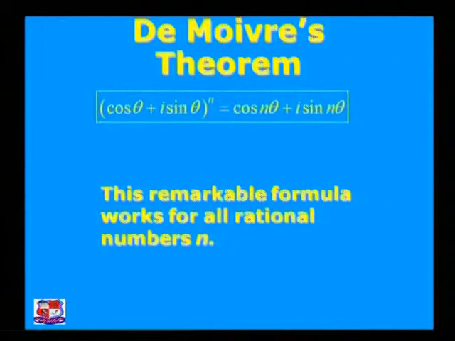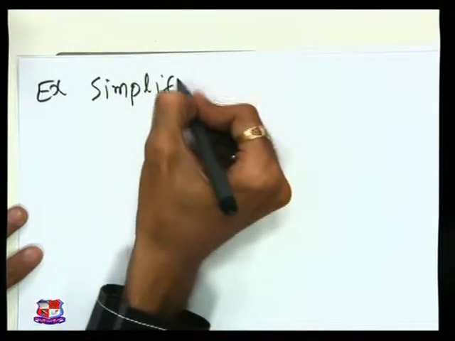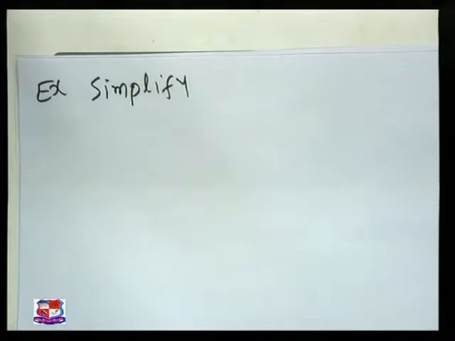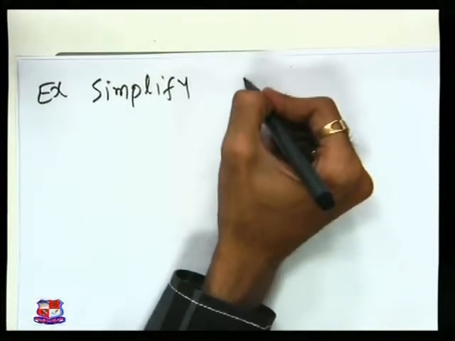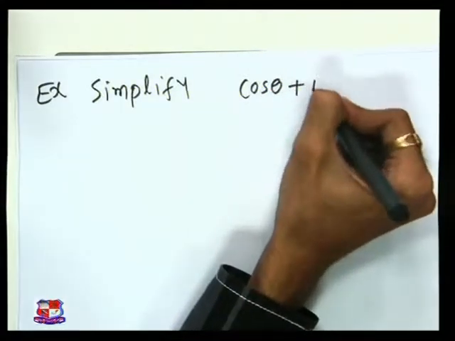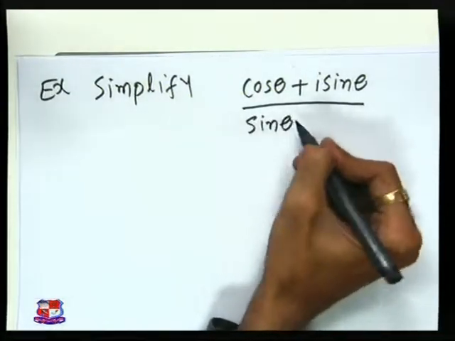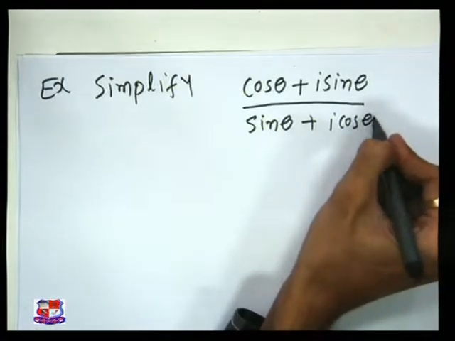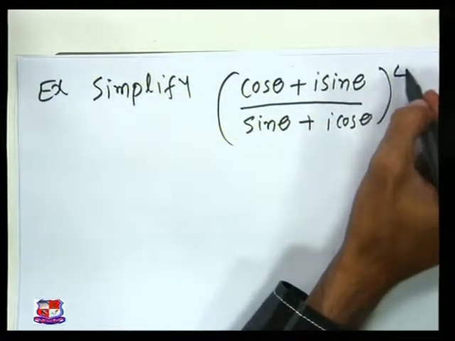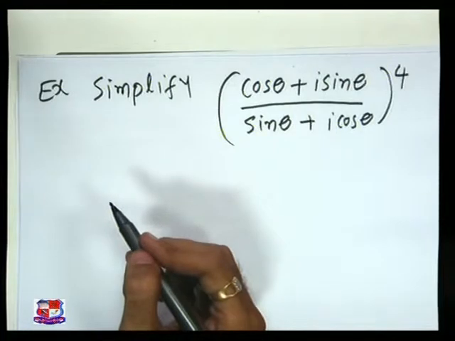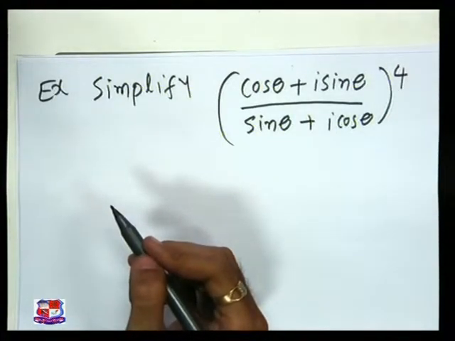The example is to simplify (cos theta plus i sin theta) upon (sin theta plus i cos theta), whole raised to 4. So we need to simplify this expression.